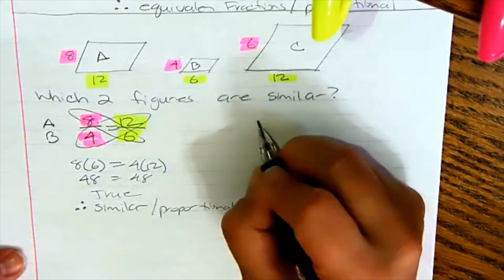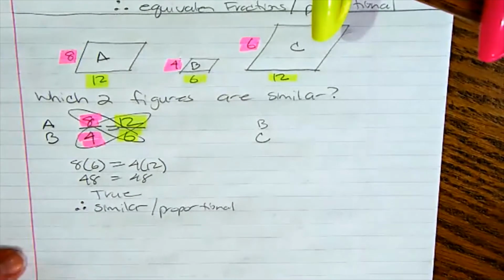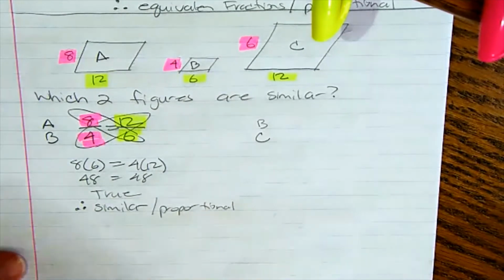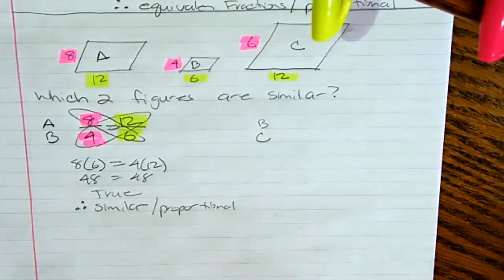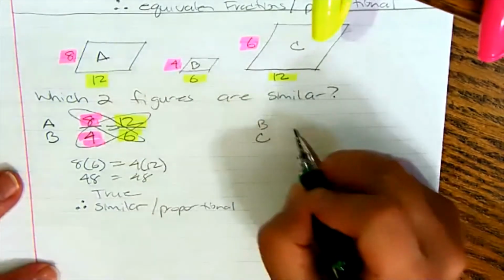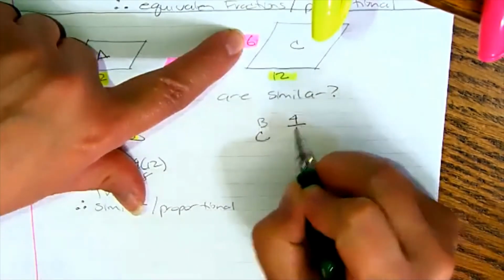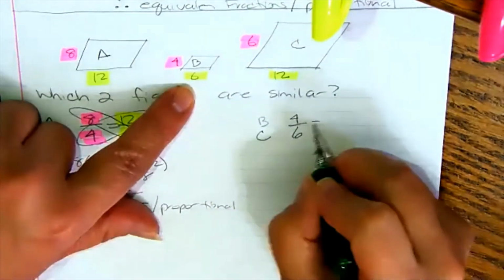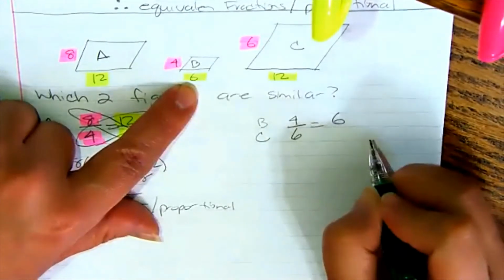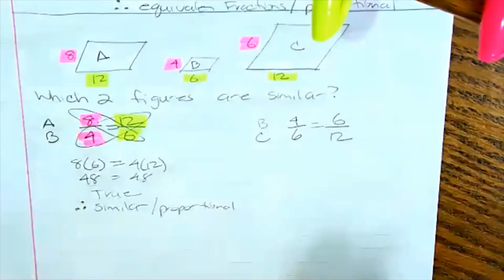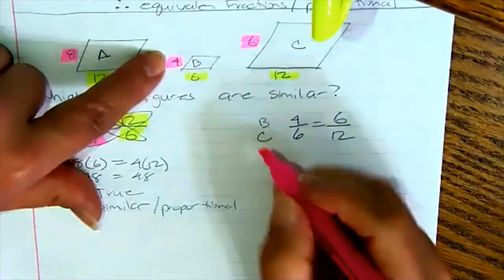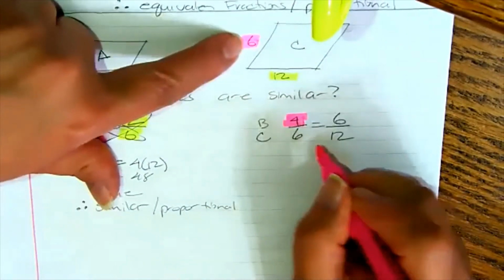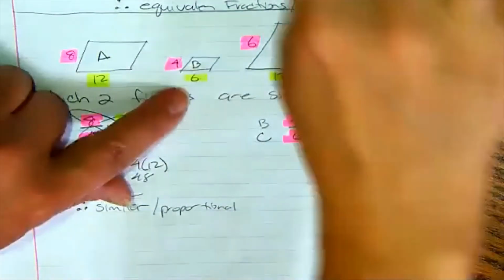Now let's take a look at B and C. So we're going to do the same thing. We need corresponding sides. So 4 corresponds to 6. And then here, yellow corresponds to yellow. So 4 is corresponding to 6.